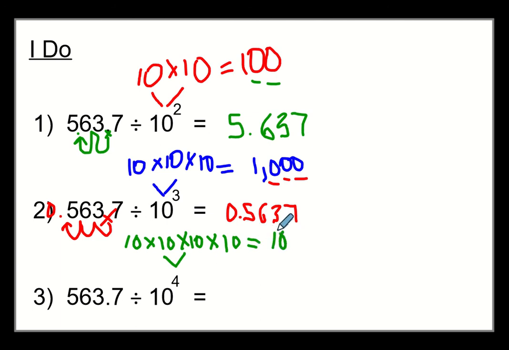And so what that means, of course, is that when we say 563 and 7/10 divided by 10 to the fourth power, we're really saying divided by 10,000.